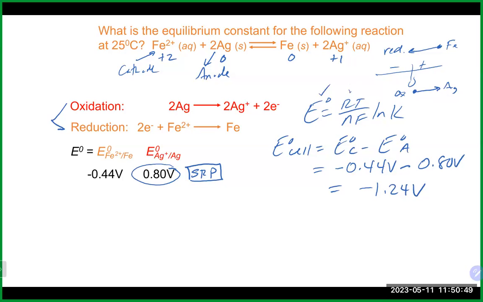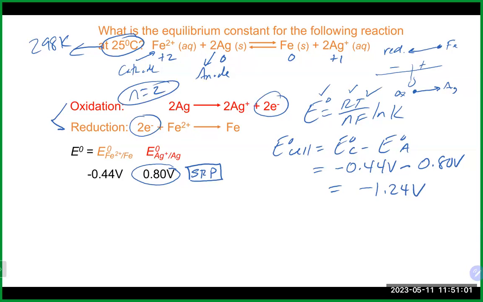Our R is our gas constant. Our temperature here, we need to add 273, so that's going to give us 298 Kelvin. The N in this case is 2, right? As there are 2 electrons. Again, you do not add them together. And F again is our constant. So at this point, we should have most of what we need.